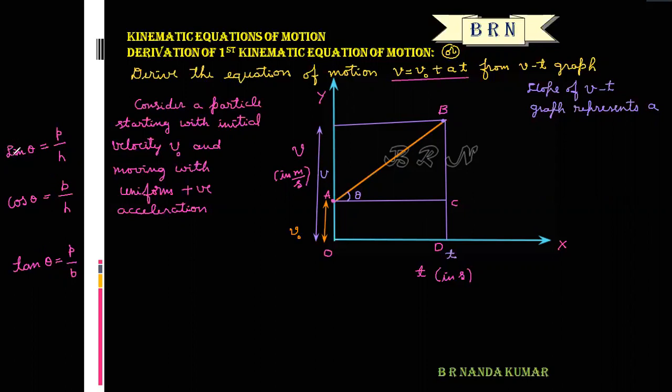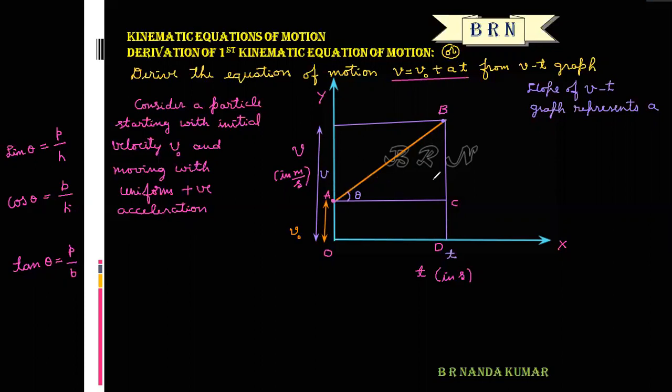Okay, listen to me carefully. So this is a code. Some people have curly brown hair, tightly pulled back. So P means perpendicular, H means hypotenuse, B means the base. So tan theta is perpendicular divided by base.